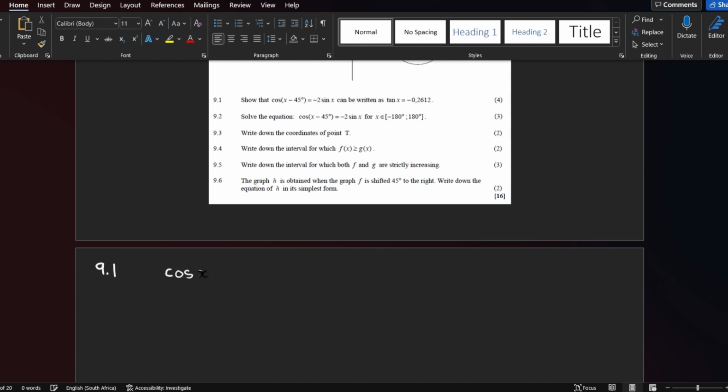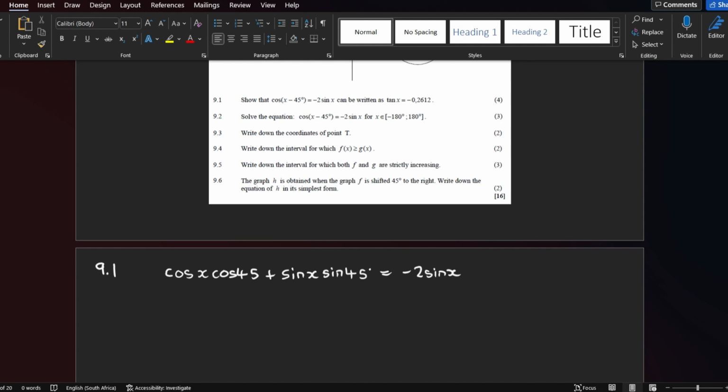So we'll have cos of the first angle, cos of the second angle, and then we change the sign. Instead of a negative, as we see in the middle there, we'll have a positive, and then sine of the first angle and sine of the second angle, equals -2 sin x.